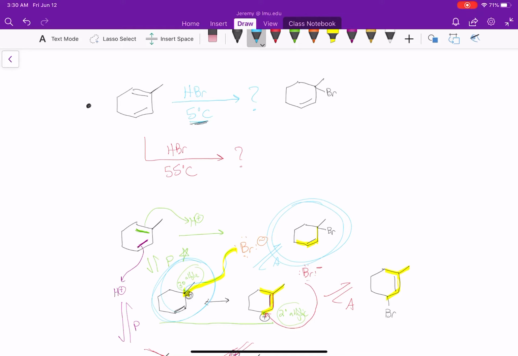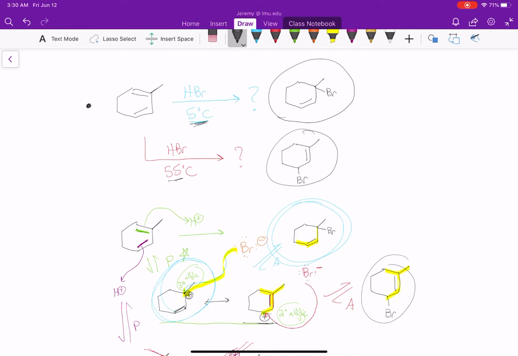At high temp, our major product would be, again, through the green path, right? Through the green path, but we're forming the more substituted alkene. So that would be the major products formed at low temp, and at high temp, this would be the major products formed.